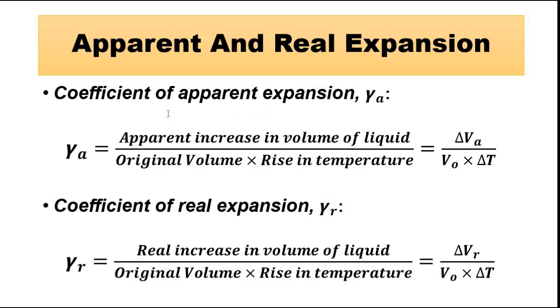The coefficient of apparent expansion is given by the apparent increase in volume of liquid divided by original volume into rise in temperature, delta VA by V0 into delta T, where this is the apparent increase in volume, this is the original volume, and the change in temperature. And for the real expansion, same thing, in the numerator we have the real increase in volume. I have made a video already on this, so I'm not going into detail about all these things.